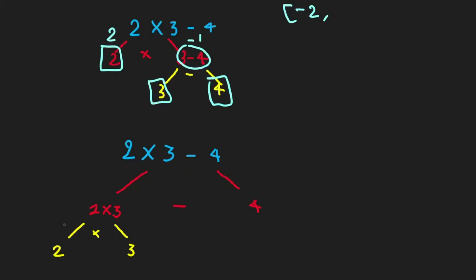We have reached the base case for 2, for 3 and for 4. So now we multiply 2 and 3 and return 6 here, and this will return 4, and 6 minus 4 gives us 2. So that will be our answer.